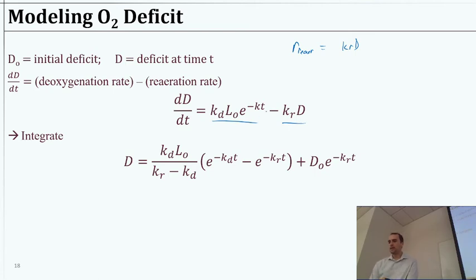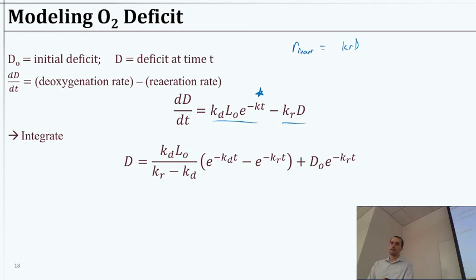Yeah, I need to check on this K here because we now have e to the minus KD. So maybe that's KD the whole time, and maybe that's just the same as the BOD rate. I will check on that. Okay. However, this was from the book, and you'll have this on your formula sheet.